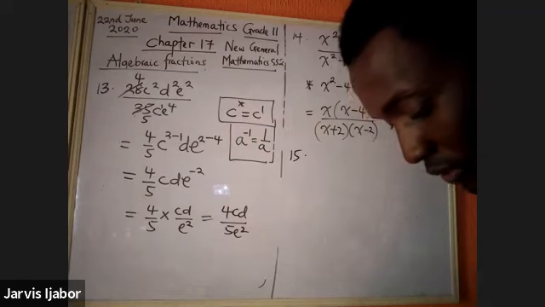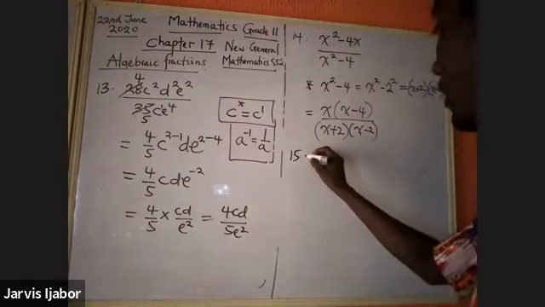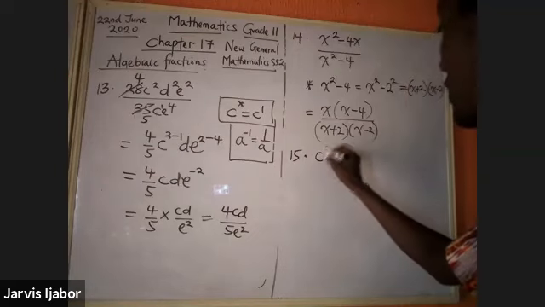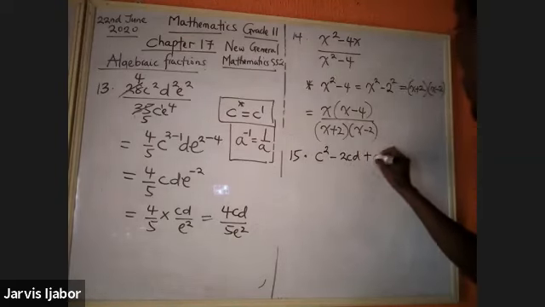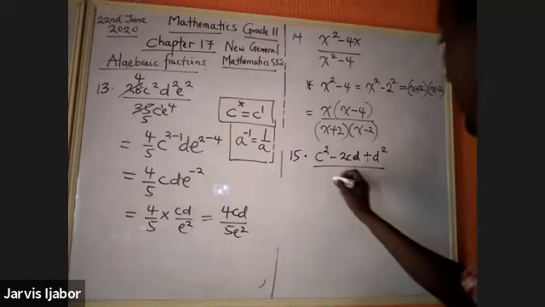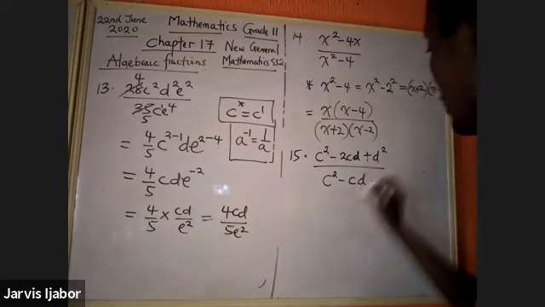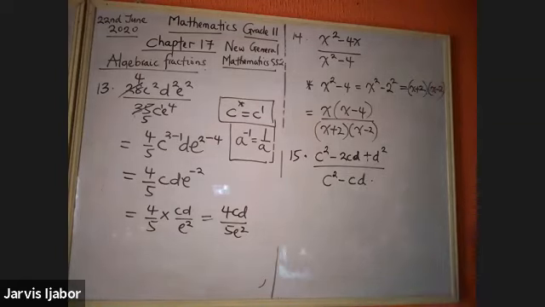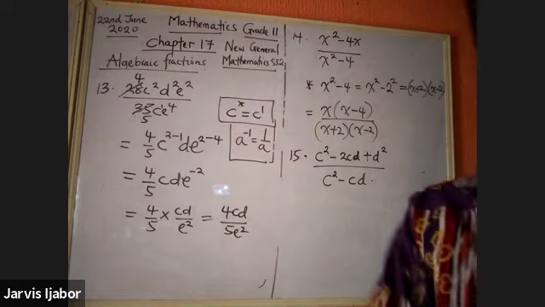Now, question 15. Question 15 says c squared minus 2cd plus d squared divided by c squared minus cd. Let me give you a little time to catch your breath.